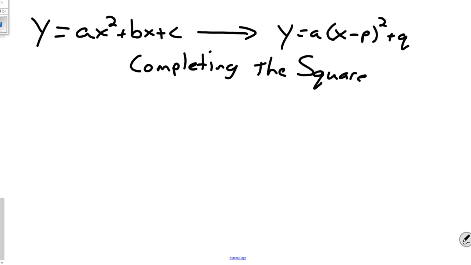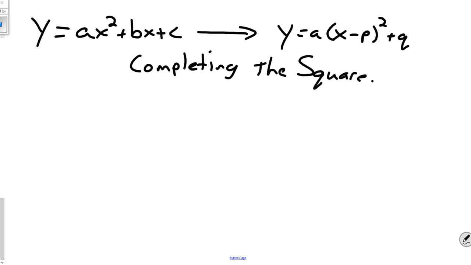This is still unit 3 and 4. I've been jumping back and forth between the units. I don't like the order that the textbook does it. I think it makes more sense to go through everything in standard form first, and then do completing the square, like the last thing.